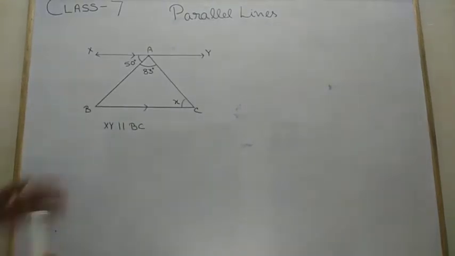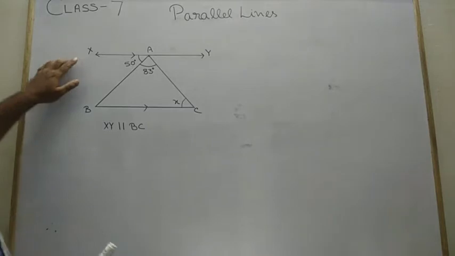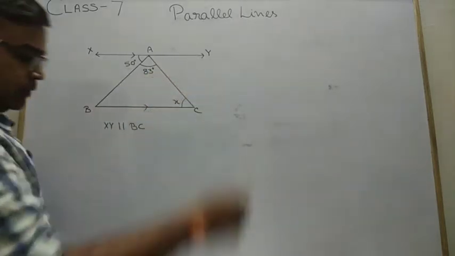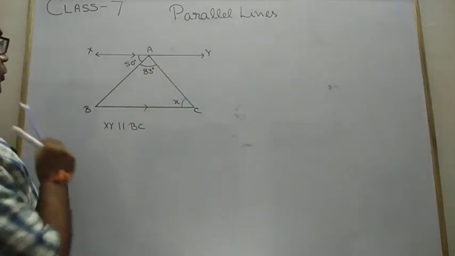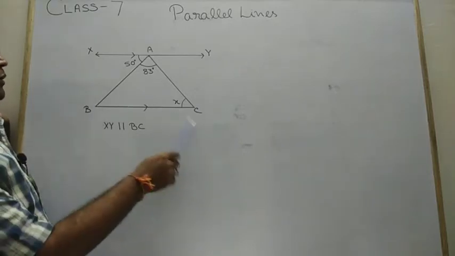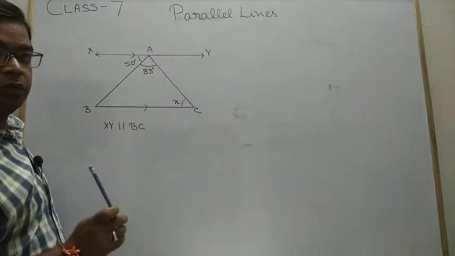Okay, in this figure, it is given that line XY is parallel to line segment BC, which means these two are parallel to each other.